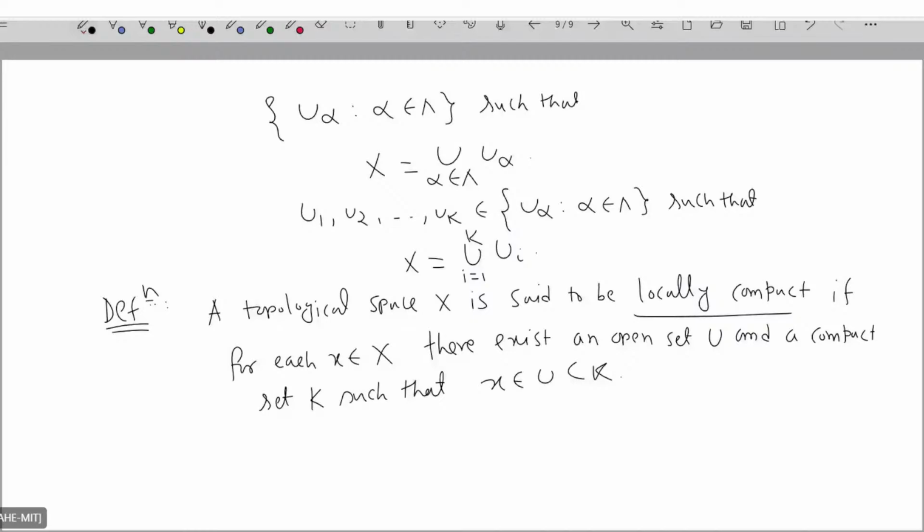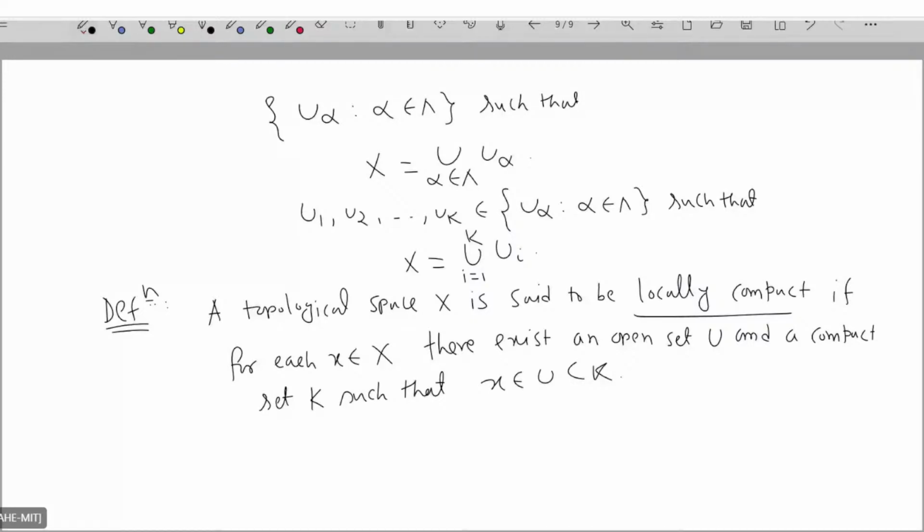A topological space X is said to be locally compact. So each point has a neighborhood, in the sense that it is an open subset which can be put inside a compact set. Let me ask you whether the real line is a compact set with the usual distance metric. No. Is it locally compact? Yes, it's locally compact. Whatever point you choose, you can do this.